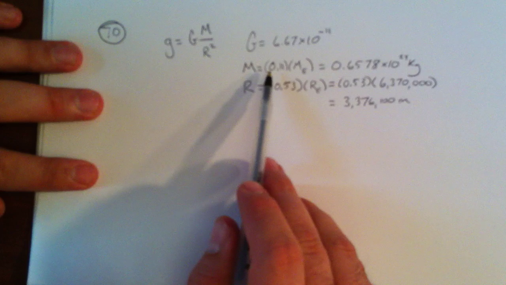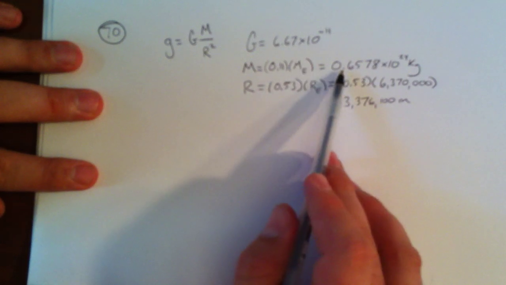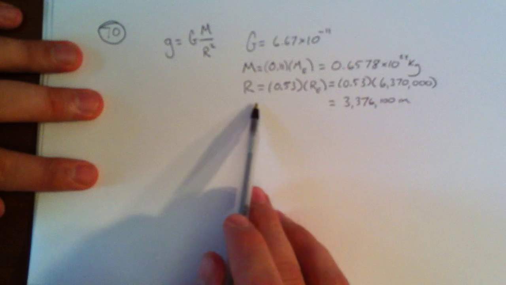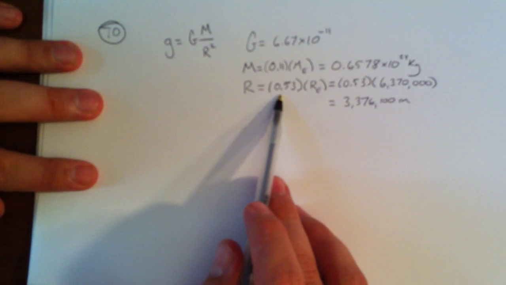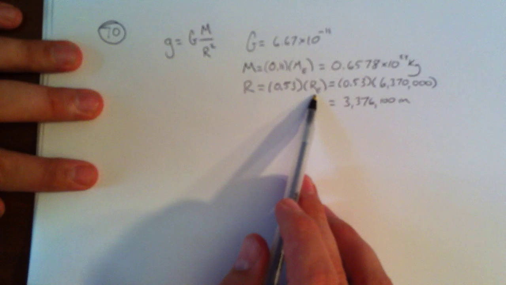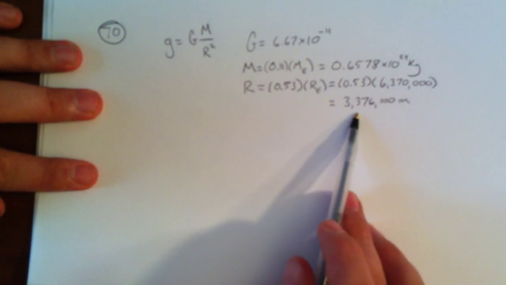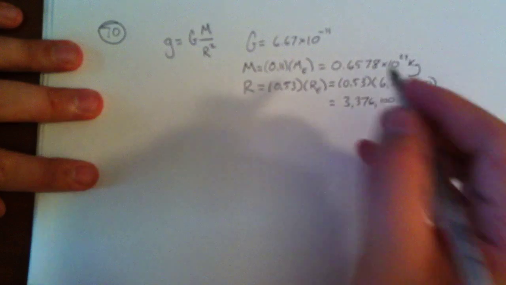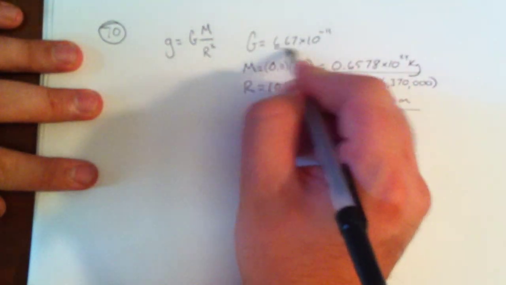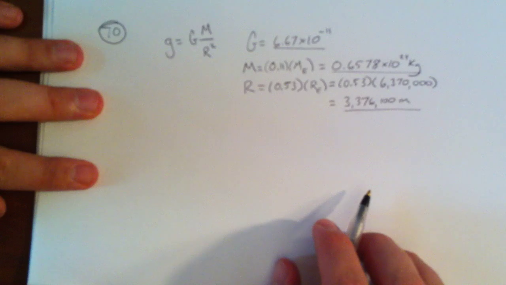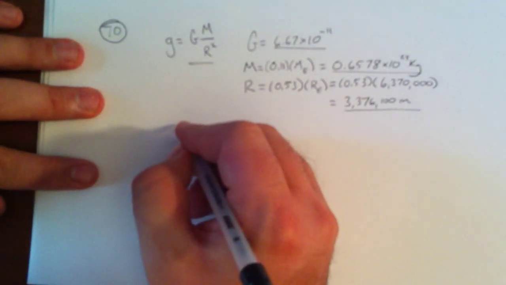It told me 0.11 times Earth's mass, so I just took Earth's mass times 0.11 to get the mass of Mars, and it told me the radius of Mars was 0.53 times the radius of Earth, so take that times 0.53 to get the radius of Mars. So we have the mass of Mars, the radius of Mars, and the universal gravitational constant. We have everything to plug in, and now we just plug it in.